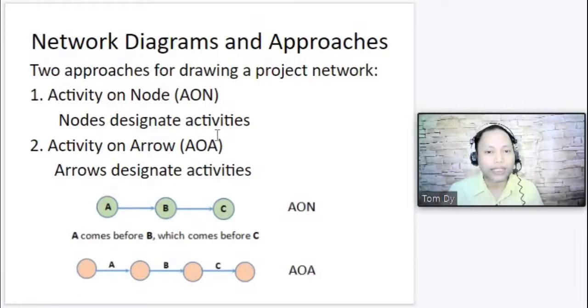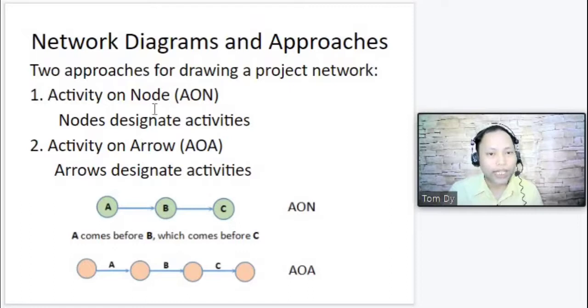Nodes designate activities. We use a circle for our node, and our activity is within the circle. Activity A, activity B, and then activity C. We have an arrow connecting our nodes. We call this a network.